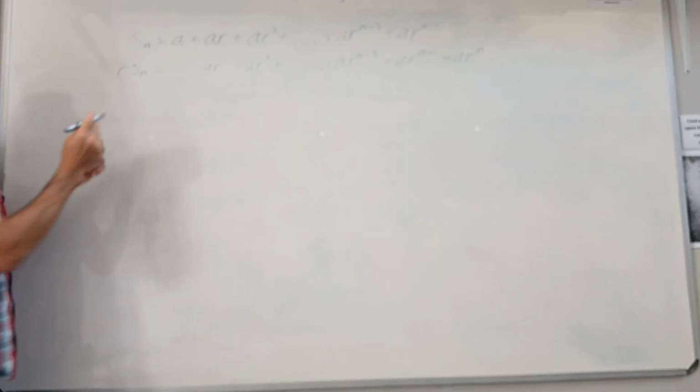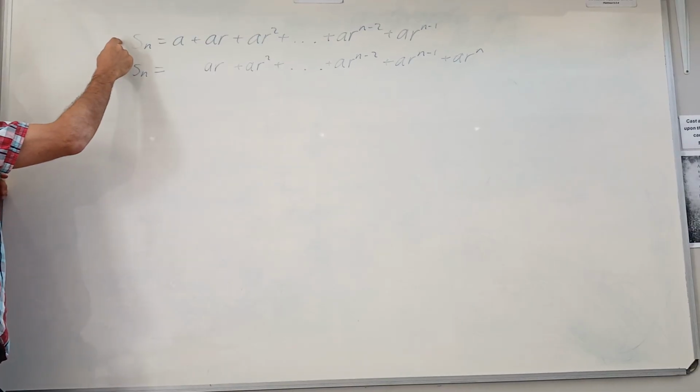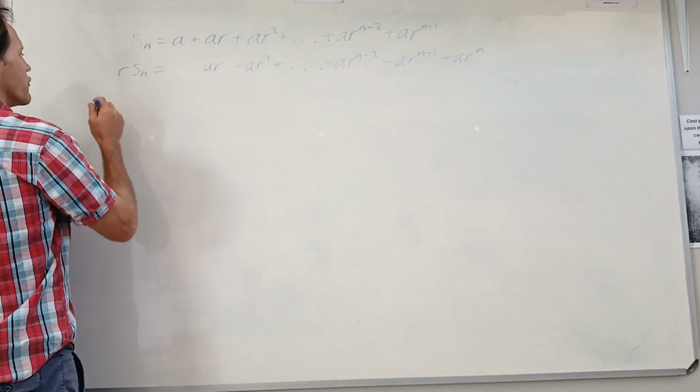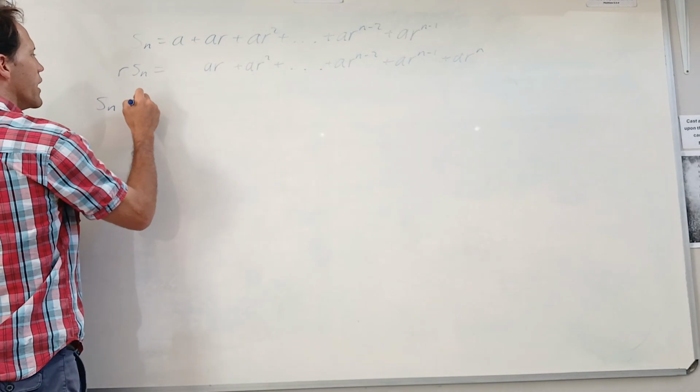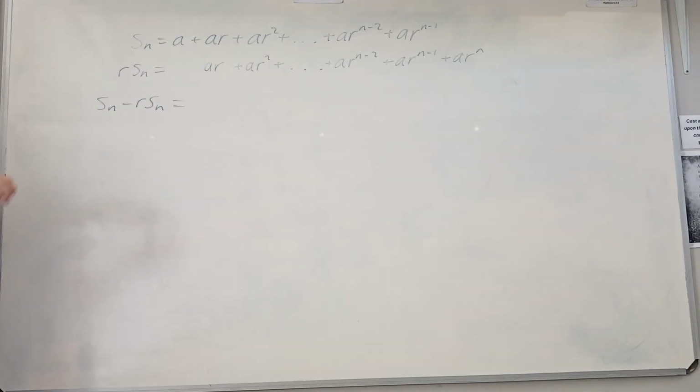Because now I'm going to take this equation and subtract, not add again. Remember with the arithmetic one we added the two, now we subtract. Now we say take the first equation minus the second equation. So I'm going to have Sn minus rSn. I'm going to subtract them now, this equation minus this one.